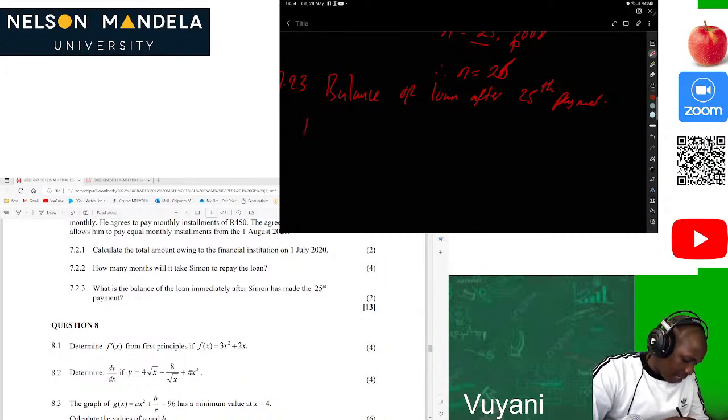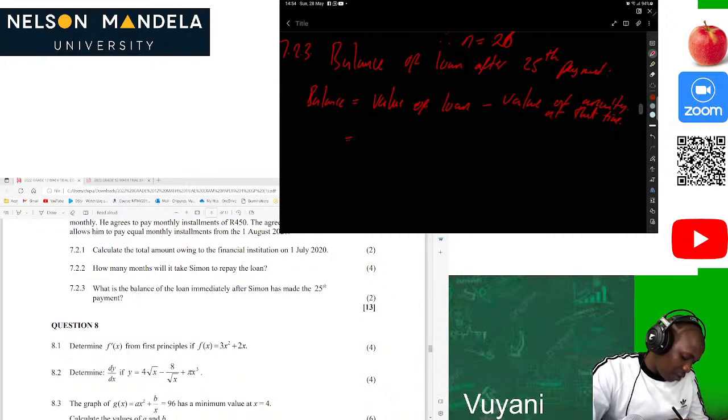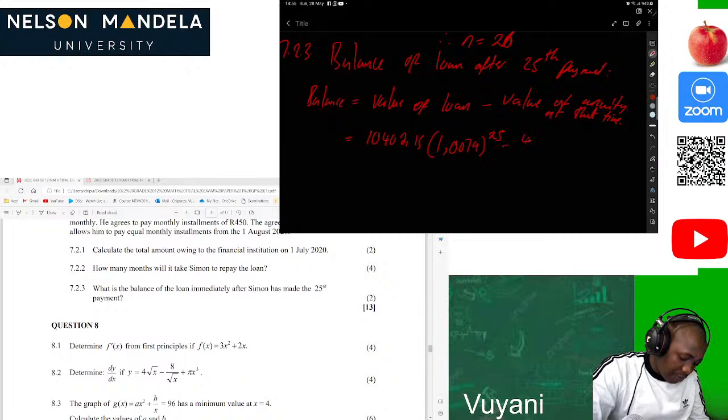So, of course, balance is equal to the value of the loan minus the value of the annuity at that time. Of course, the value of the loan will be now 10,402.15 times 1.0079 to the power 25. This is the value of the loan. Then we subtract, of course, 450.